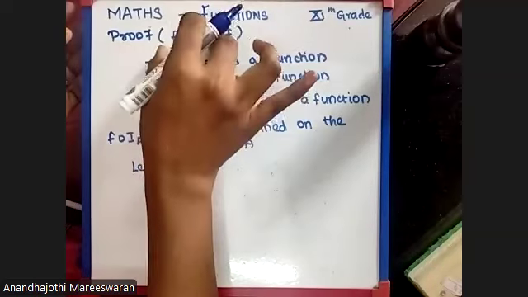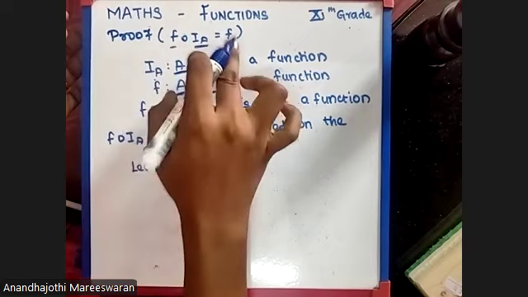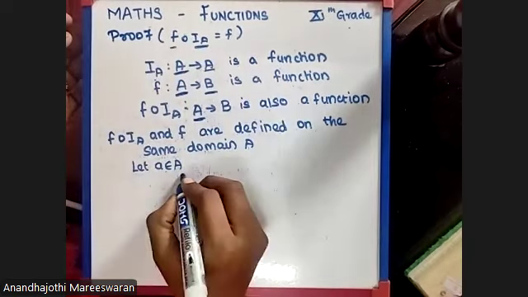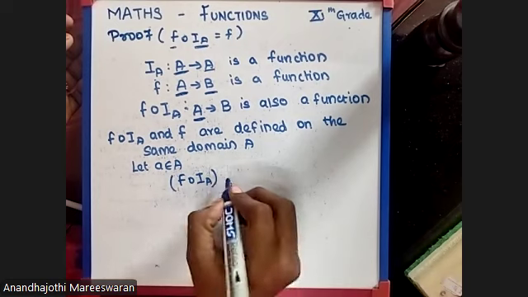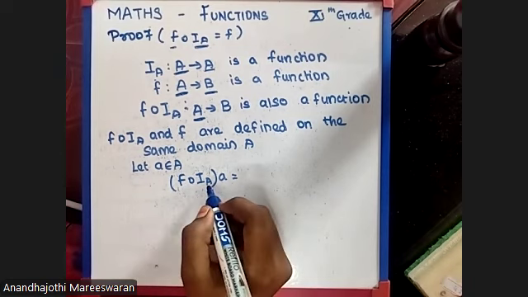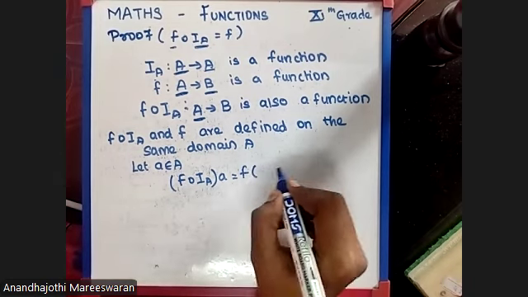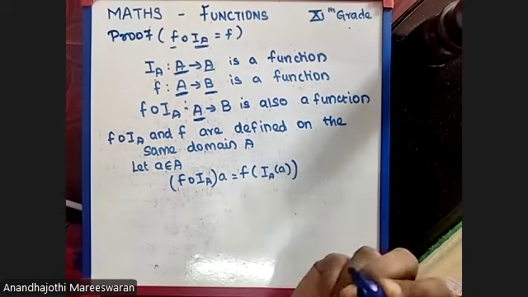I am going to take the left hand side to prove that it is equal to F. So F circle IA of a equals F of IA of a, right?